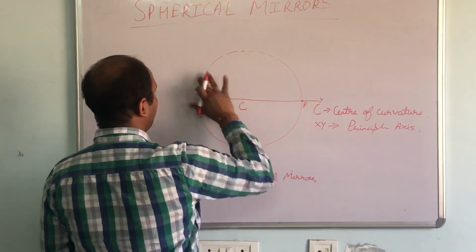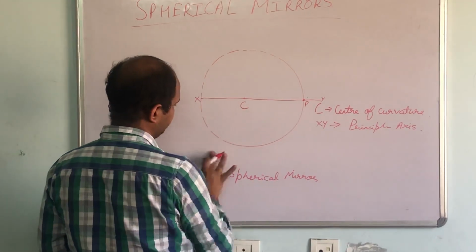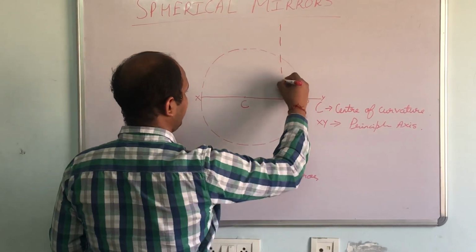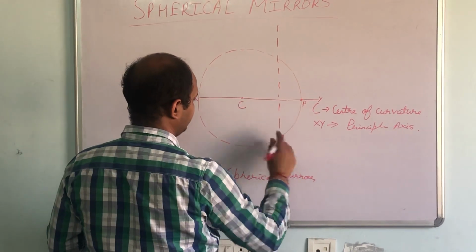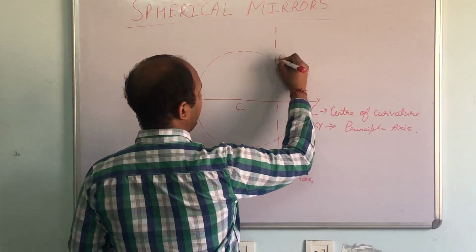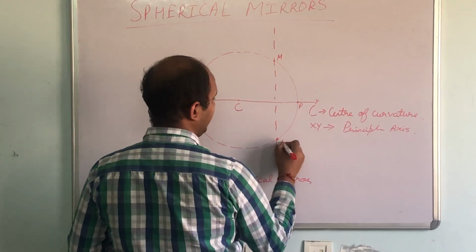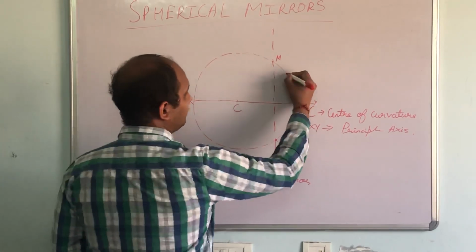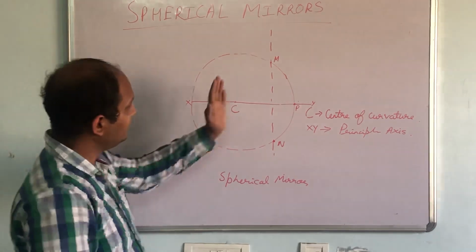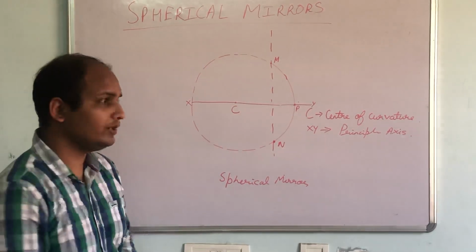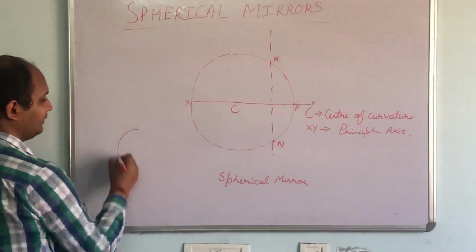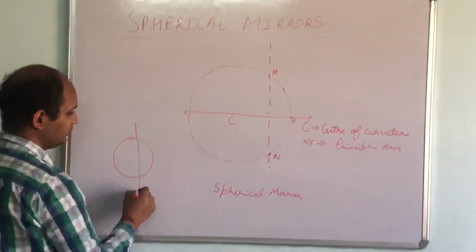Now this is a kind of dotted figure, and from here to here where I am drawing this line, you can observe from this point M to this point N. This is a kind of complete mirror, right? Understood? What we are going to do now is, from that spherical mirror, from this figure, I am going to cut down this part.